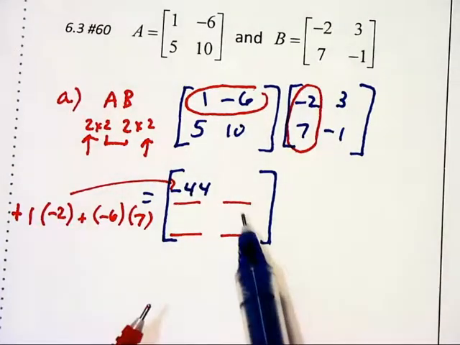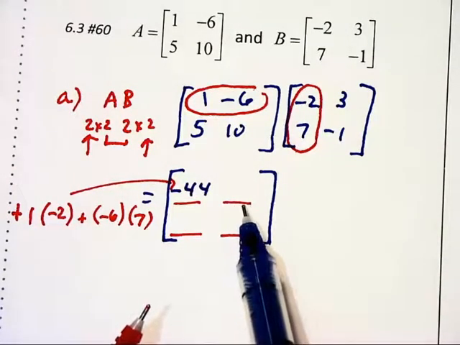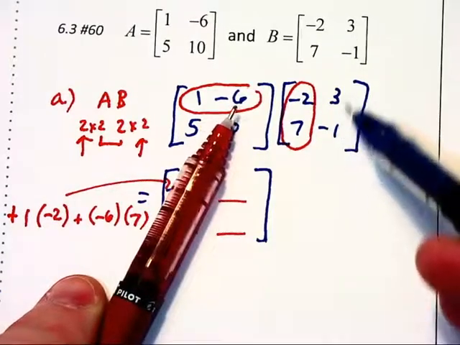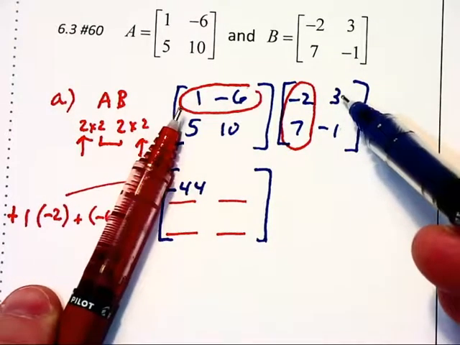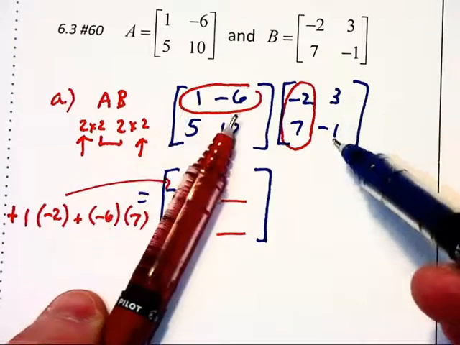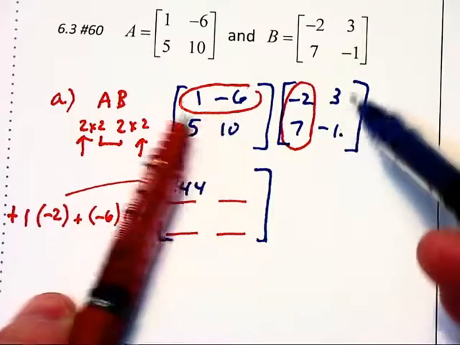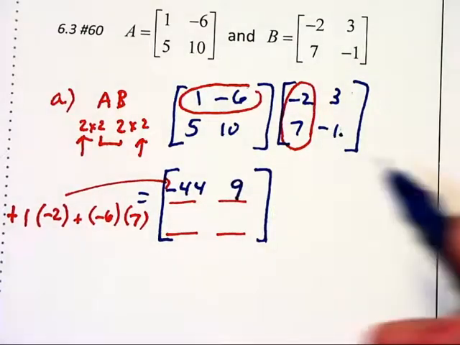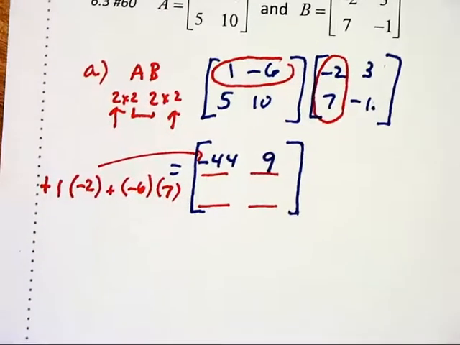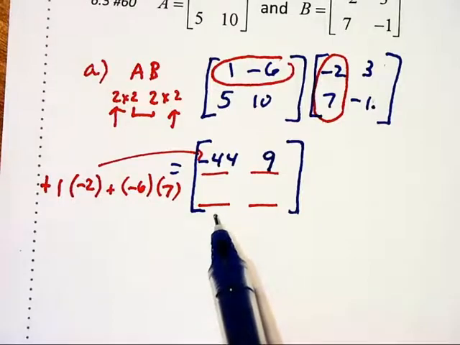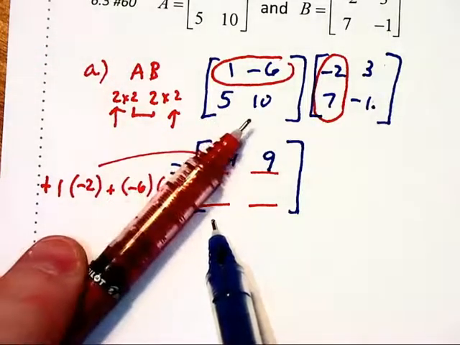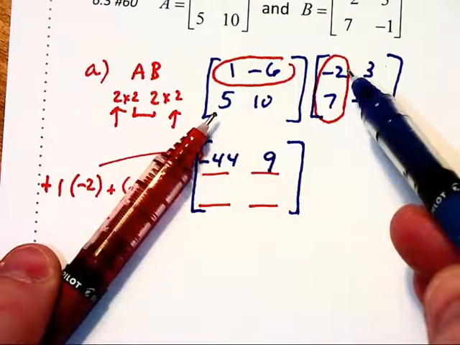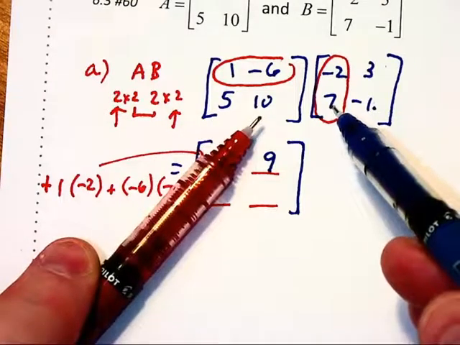Then I say, okay, this is row 1, column 2. So row 1, the 1, negative 6. Column 2 is the 3, negative 1. I say 1 times 3, 3. Negative 6 times negative 1 is 6. 3 and 6 add together to make 9. Now I move on to row 2, column 1. So that'll be the 5, 10 with the negative 2, 7. 5 times negative 2, that's negative 10 and 70.